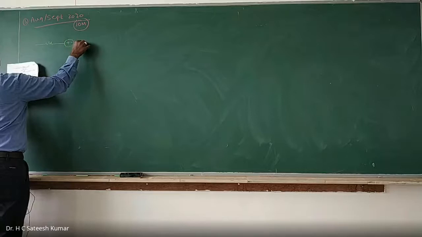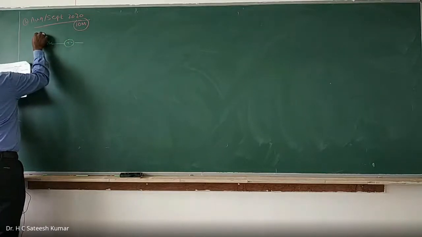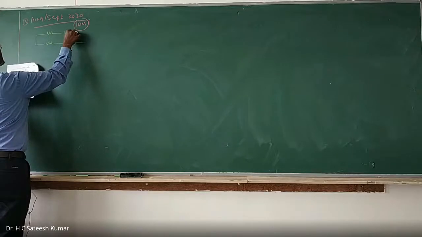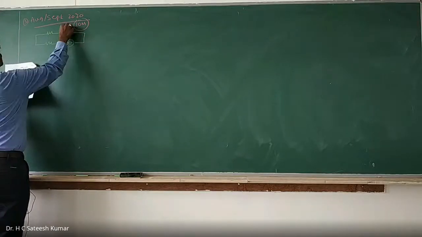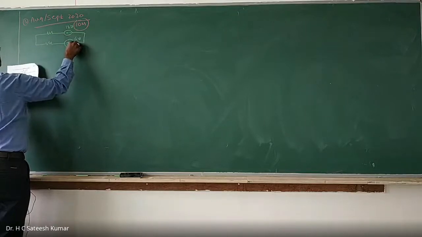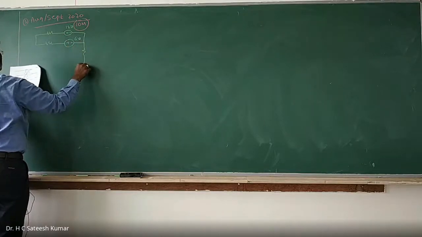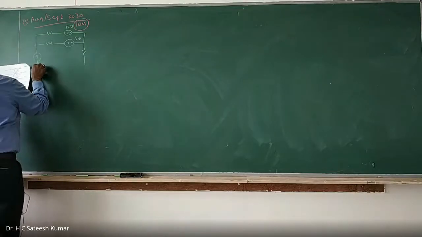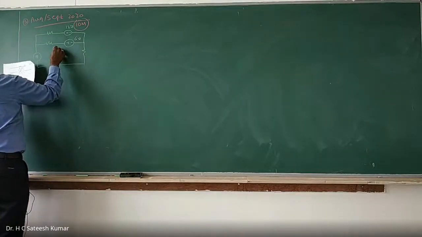Plus minus. This is one more plus minus. 12 volts, 6 volts, 2 ohms, current source, and 1 resistor.